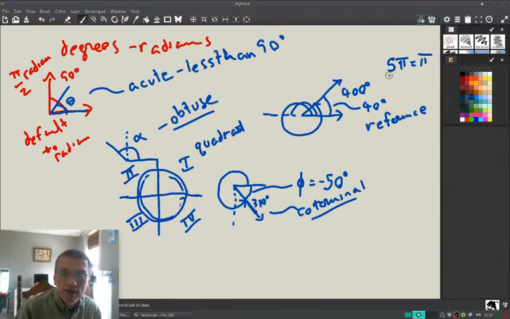Basically, you're just subtracting off bunches of 2 pi's. If it's degrees, you subtract off 360s until you get below 360. Or you can add 360 to it to get up to 310 and get the reference angle here. So, just different ways of measuring angles. You can see that they all naturally follow. There's nothing terribly weird here.